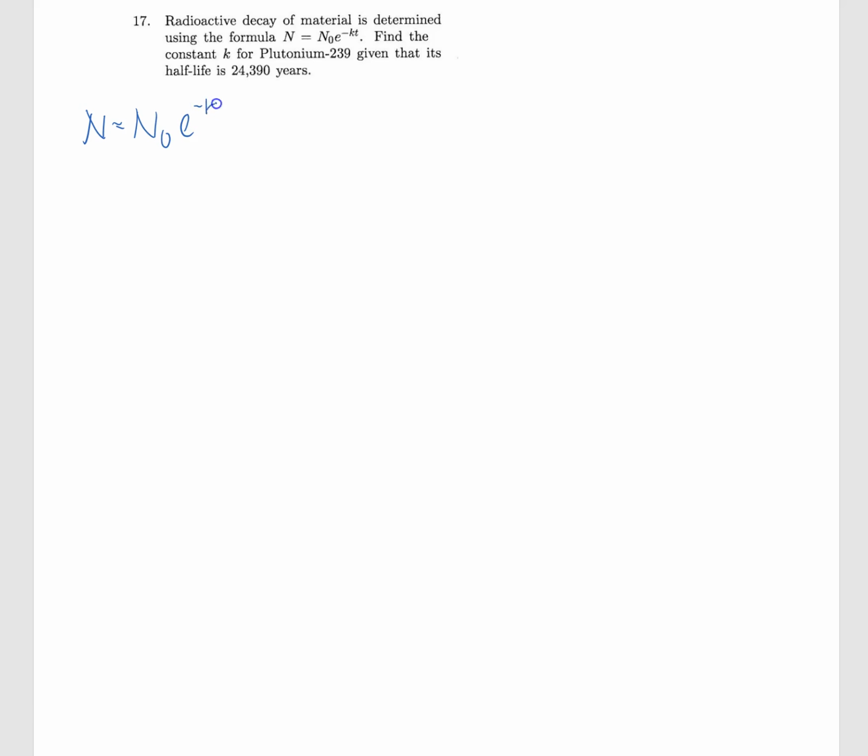So I'm going to rewrite this formula we've been given, which is N equals N naught times e to the power of negative kt. To explain some of the variables in this formula, t is our time, in this case in years, and N naught is the initial amount of whatever material we're interested in.